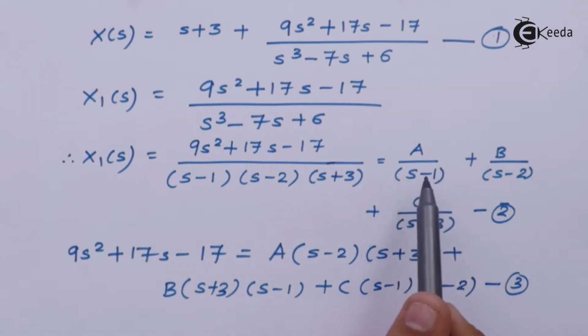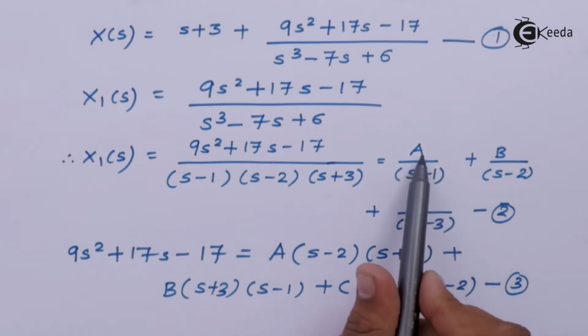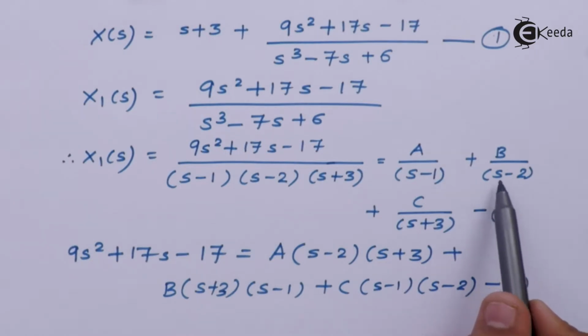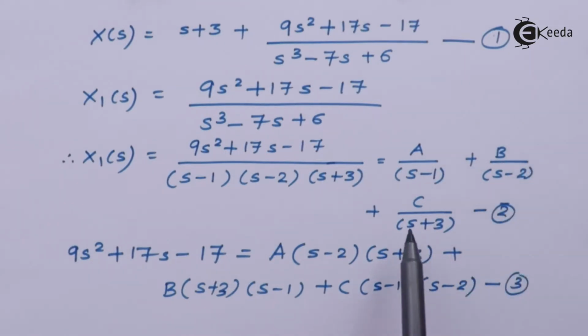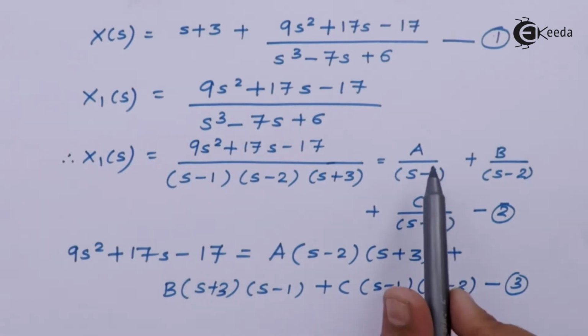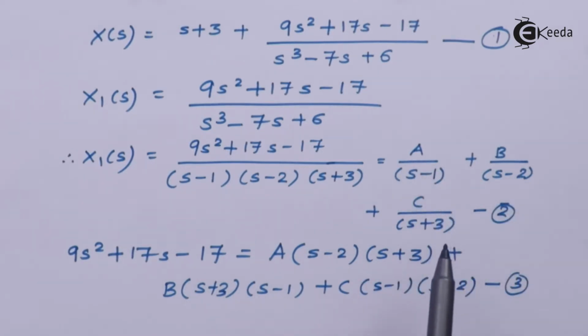So if I substitute s equals plus 1, then you will get the value of a. Similarly, if I substitute s equals plus 2, then you will get the value of b. And if I substitute s equals minus 3, then you will get the value of c. So I'll substitute all the values of s in my equation one by one, and then I'll get the values of a, b and c. How? I'll show you.